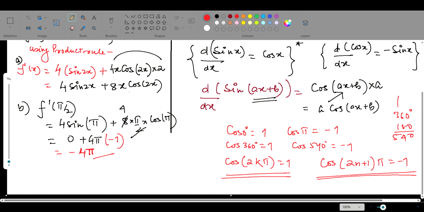Like pi, 3 pi, 5 pi, 7 pi, that value is minus 1. And all the even multiples like 2 pi, 4 pi, 6 pi, the value is 1. K can be anything, that's not an issue, because it's already multiplying with 2, which will make it even. K belongs to integer, of course.